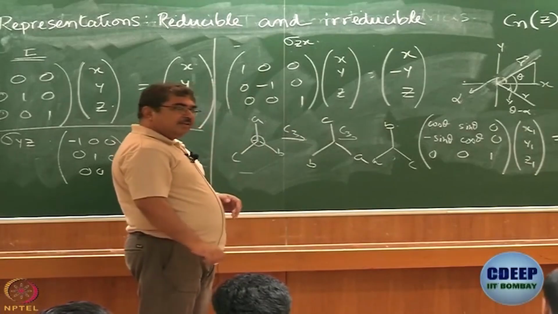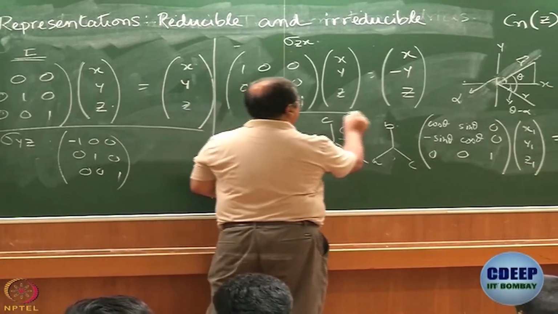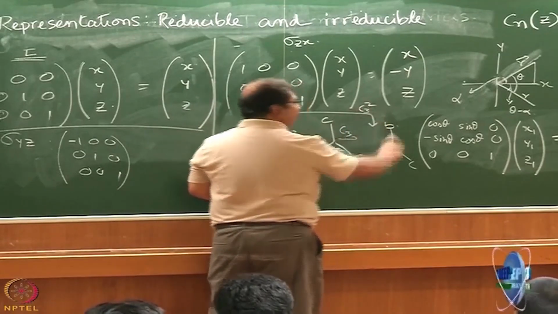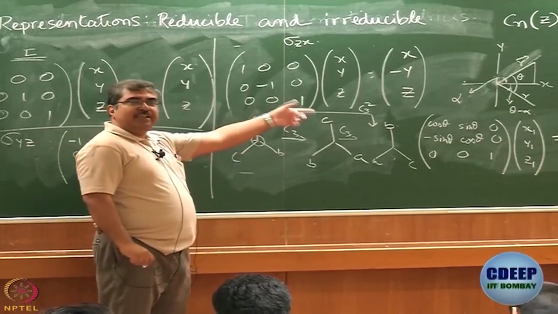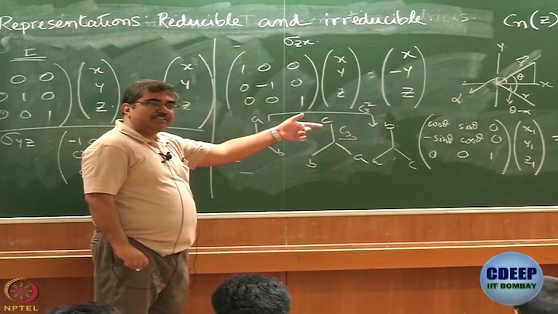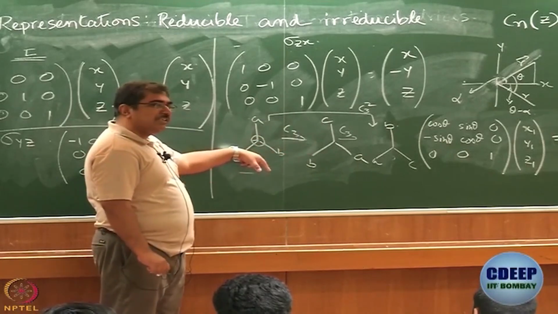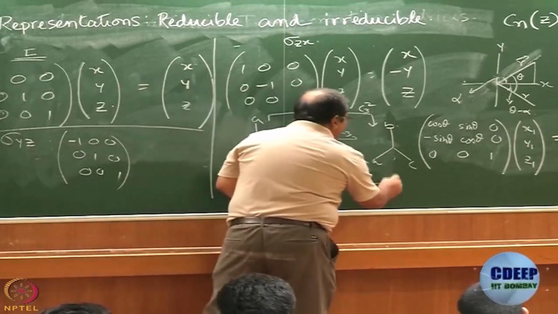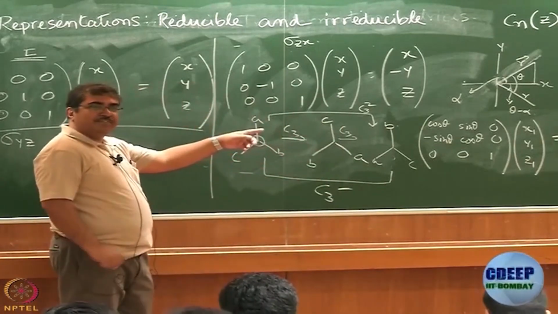So, this first operation is called C3. The second operation, you can think you have gone from here to here directly. This is called C3 square. This is rotation by 120 degrees, and rotation by 240 degrees. There is another way of thinking of it. This is a clockwise rotation, and if I do an anti-clockwise rotation, C3 minus, then also you get there.